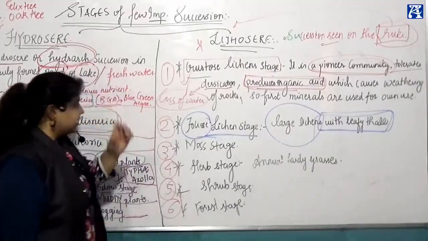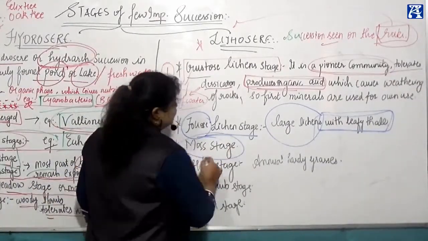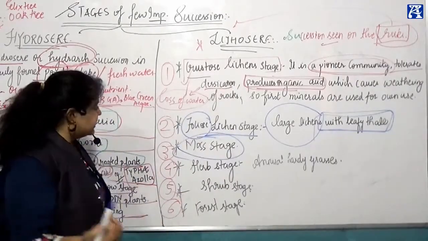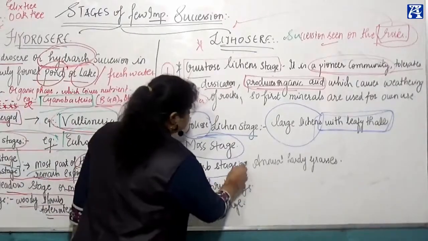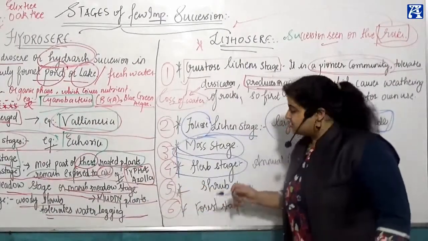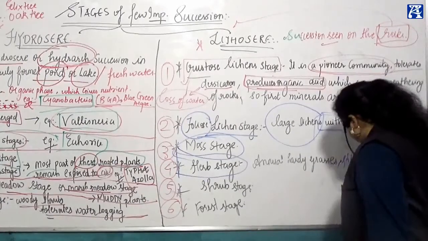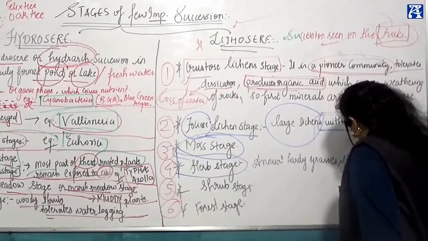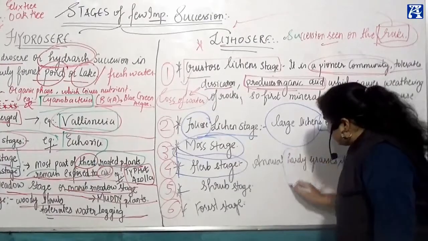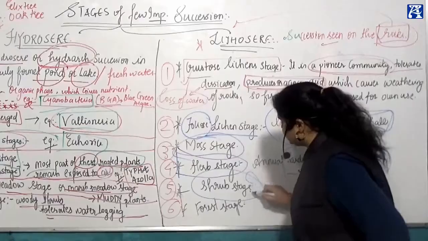Okay, and then comes the moss stage. Mosses are just one stage advanced from lichens, and then come herbs. When mosses develop into herbs, these are also called hard grasses or very stiff grasses. Then comes the shrub stage. What does it say?